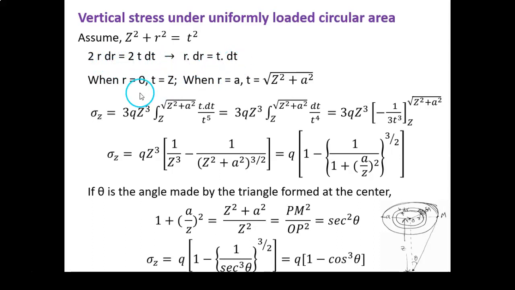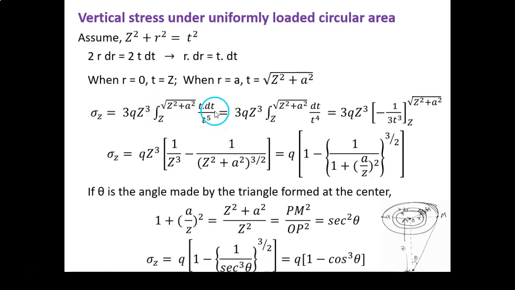When we take r equal to 0 in this equation, we'll get t equal to z, and when we take r equal to a, we'll get t value as square root of z square plus a square. Now when we substitute these values in the previous equation, we can write 3q z cube integral of z to square root of z square plus a square t dt divided by t to the power 5.